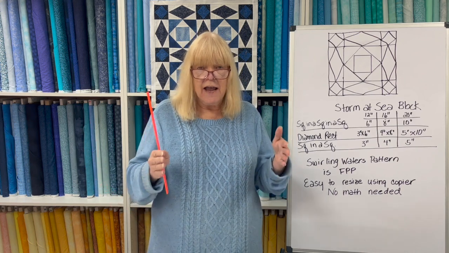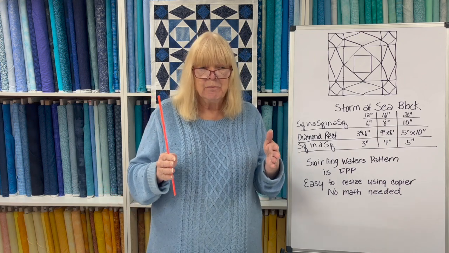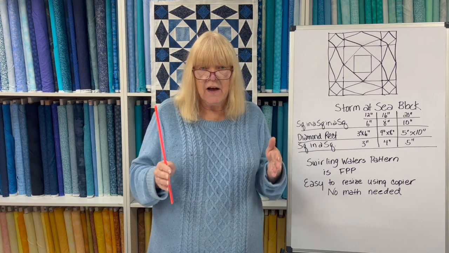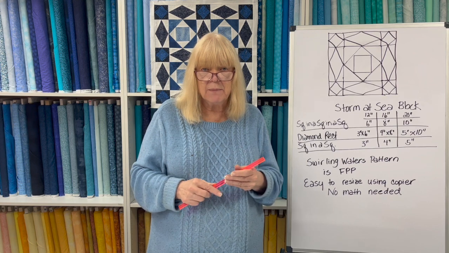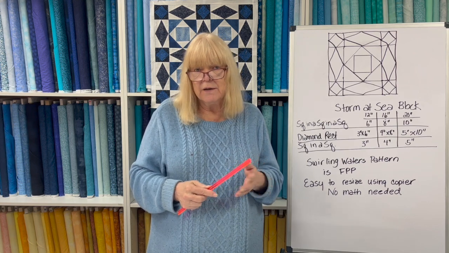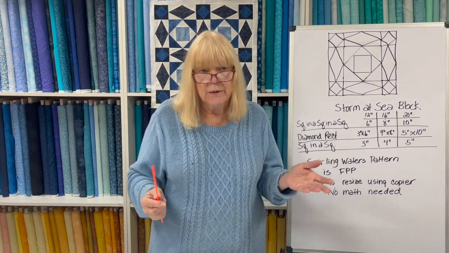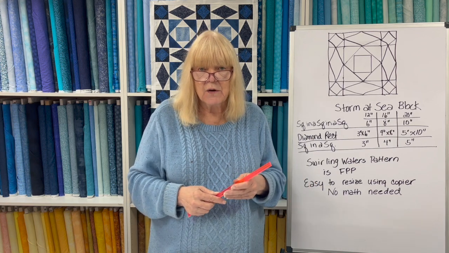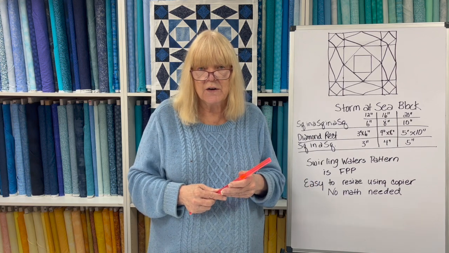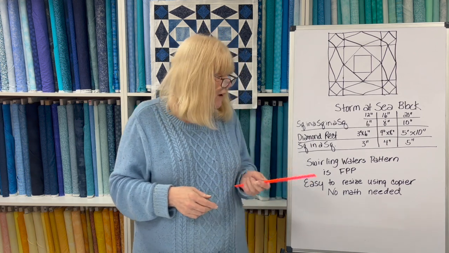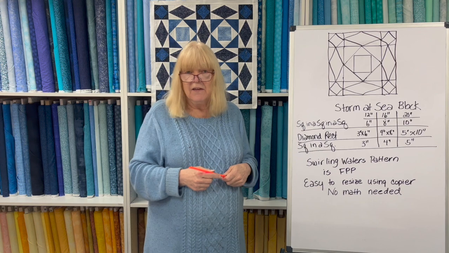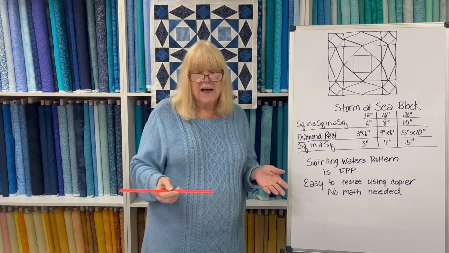As long as the size that you are making you can fit on the piece of paper, you can do it on your home copier. If you want to go bigger, you can always go to Office Max or one of those kind of stores and use one of their copiers that they have the 11 by 17 paper. But with foundation paper piecing, that's the easiest resize of all.